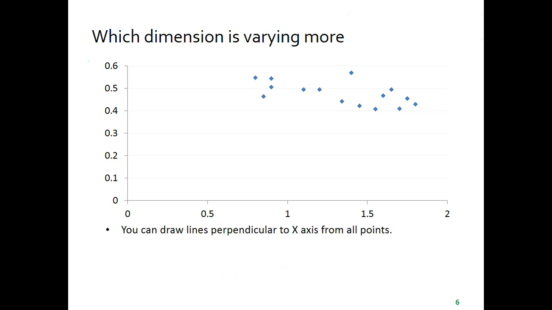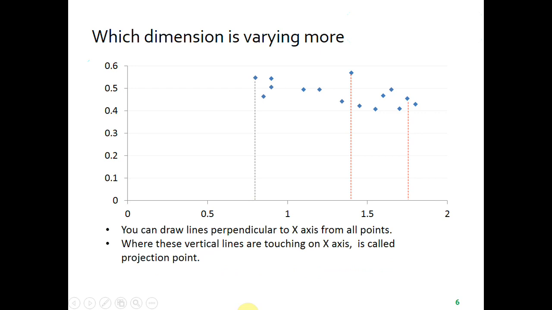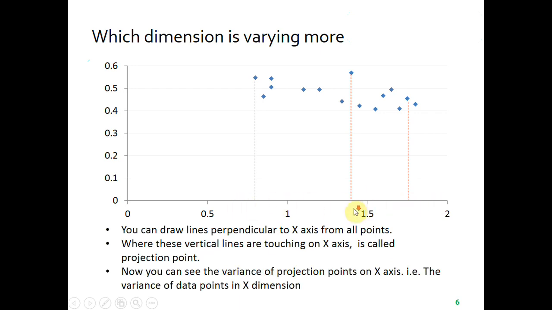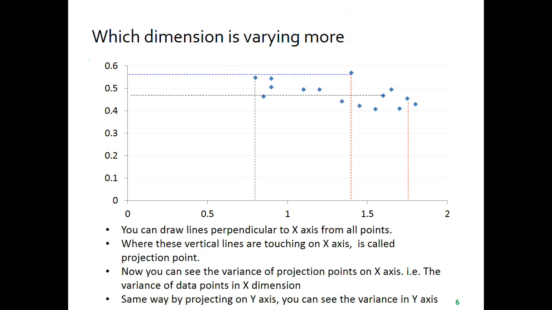Now what did you do, you draw perpendicular lines to x-axis from all the points, and where it is cutting, these are the projection points. Then you found the variance of these projection points, and you said that data is varying much more in the x-axis. Similarly, you can draw perpendicular on y-axis, and where it is cutting y-axis, those are projection points on y-axis, and the variance of projection points gives you the variance of this data in the dimension of y-axis.